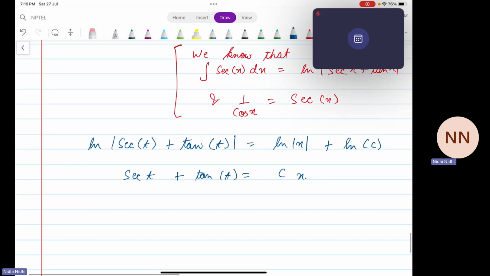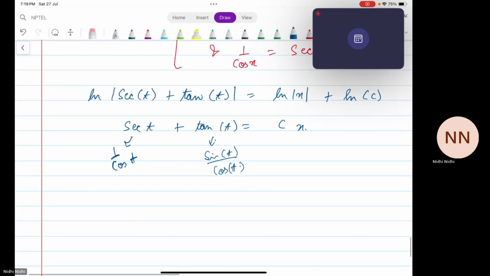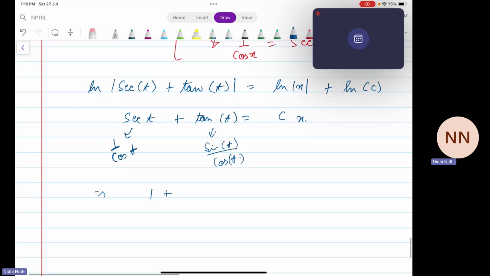Now since secant t is 1 by cos t, and tangent t is sin t by cos t, we get 1 plus sin t upon cos t is equal to some constant c times x.